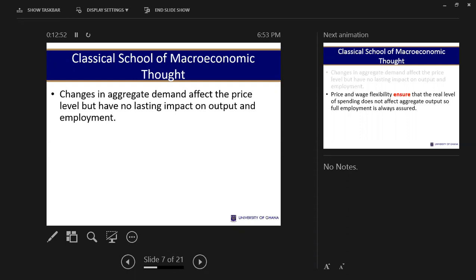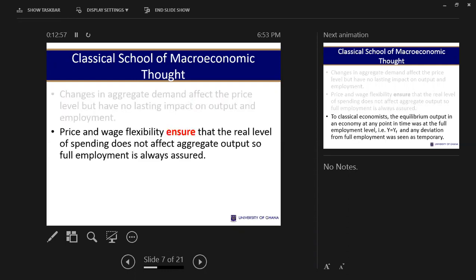And they also believed that prices and wages move freely. They can always change. But just know that even if they move, even if they change, they don't have a lasting effect on output or the level of labor hired.